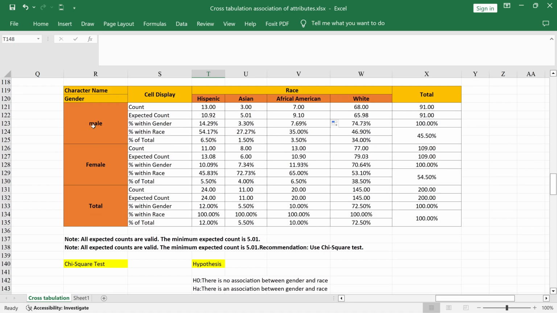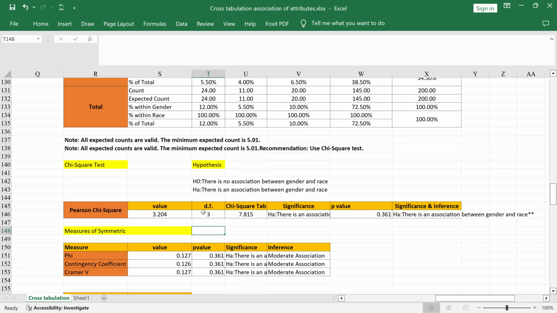For example, we have male and female; subtract one and only one remains. We have 4 races; subtract 1 and you get 3. 3 times 1 is 3. So the degrees of freedom are 3.